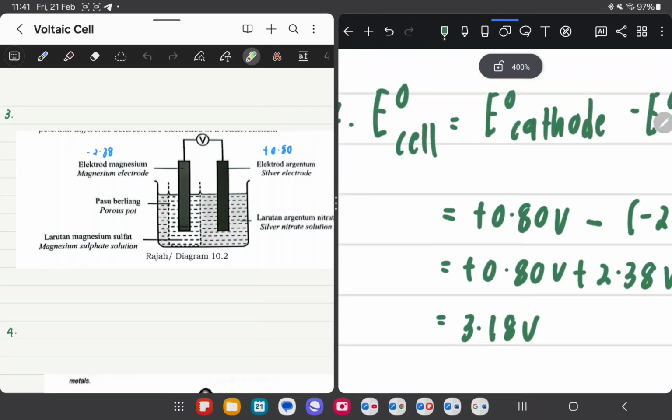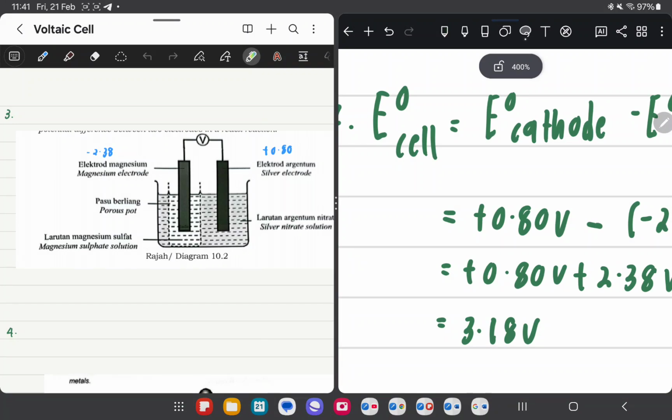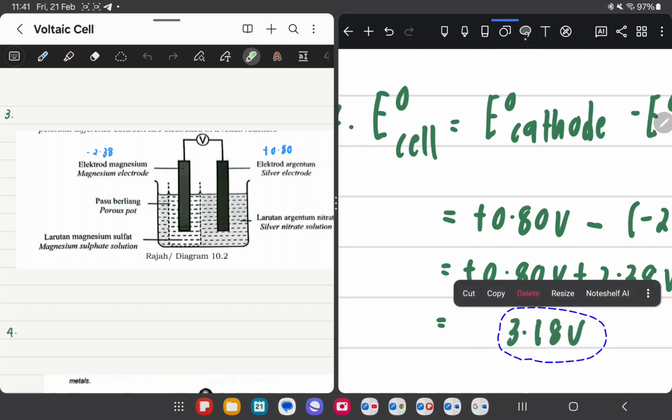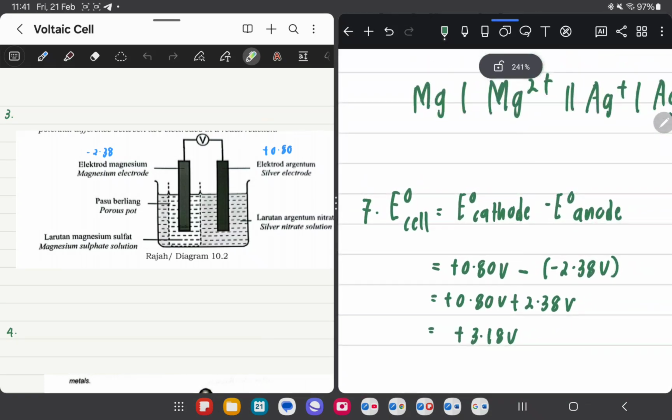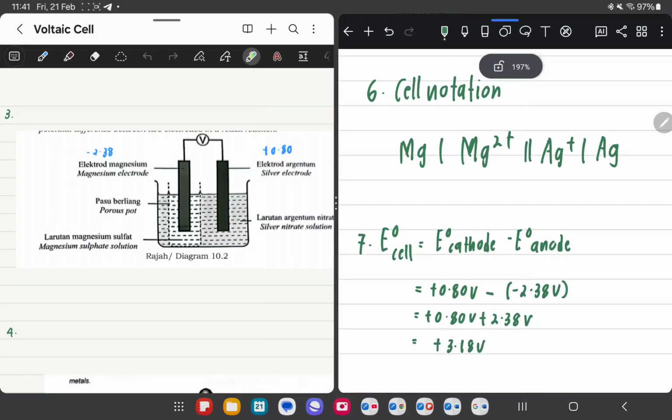But make sure the value in front has a positive sign, then it's correct. So you should put the positive. In chemistry I'm very particular with the positive and negative sign, so if it is positive, write the positive. If it is negative, write the negative. Don't be lazy. Okay, so that settles your explanation for question number 3.